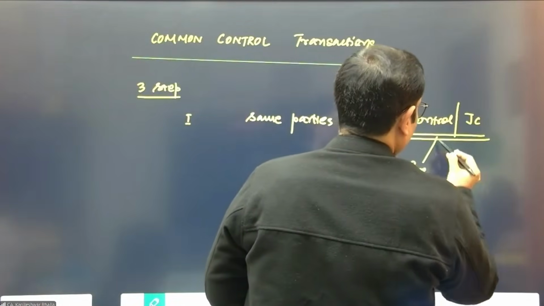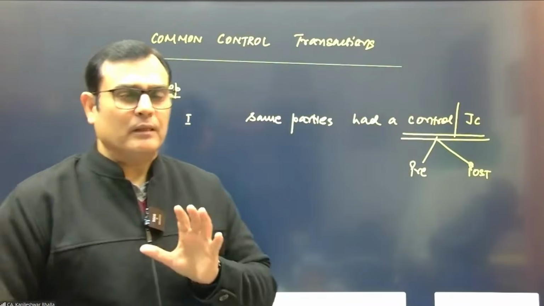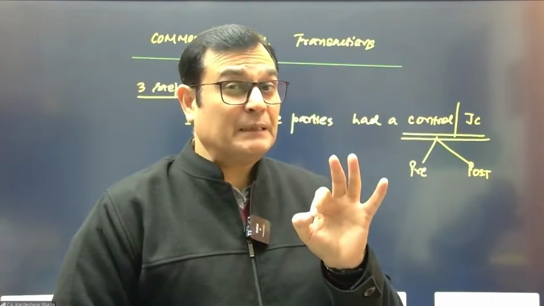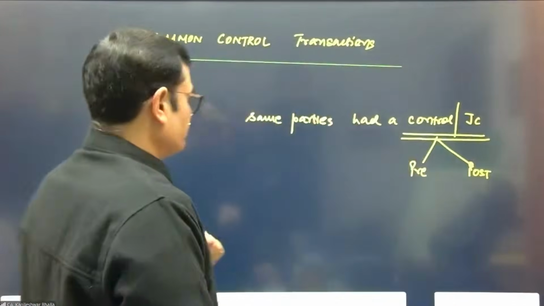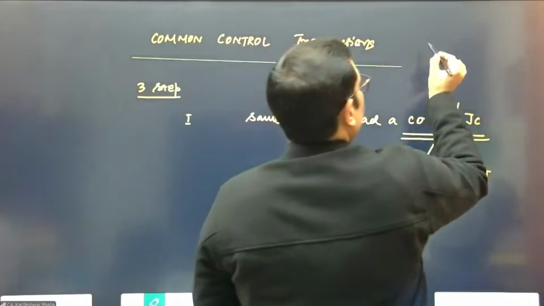You can say pre and post business combination. I'll take a very simple example to just explain this for the time being. Now let's imagine a simple example to illustrate this.